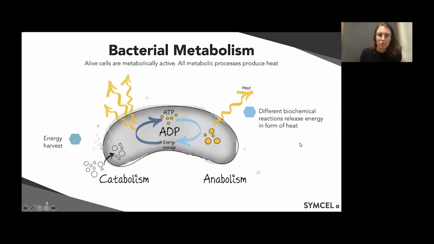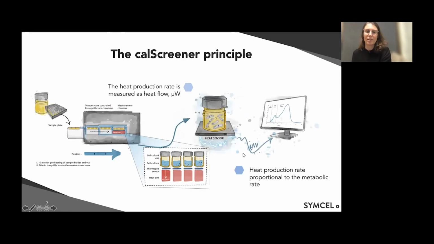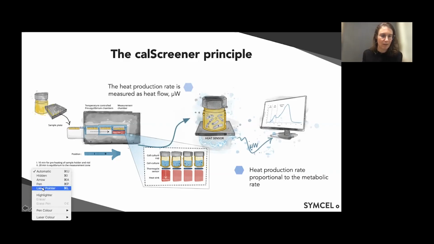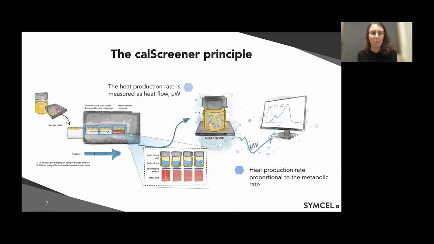And how you can do that is shown here in a simple principle of how we measure it with a calScreener. You can add any sample that you can imagine in this reaction vial depicted here. This vial goes on a 48-well plate that will then be inserted in the calScreener. That is the calScreener from the side cut open. So you insert a blade and each vial will end on a heat sensor.